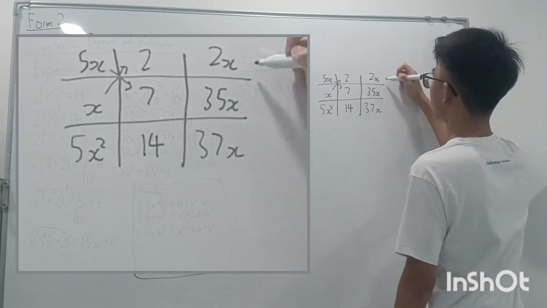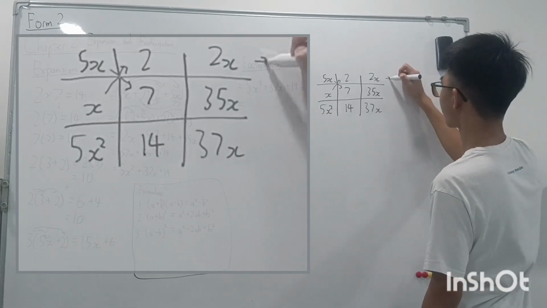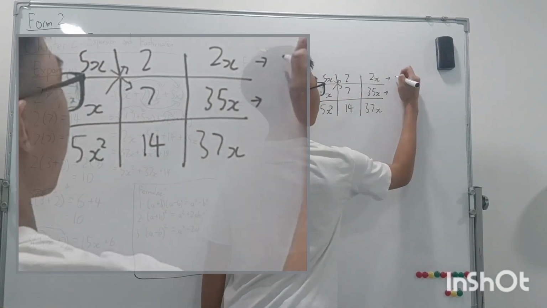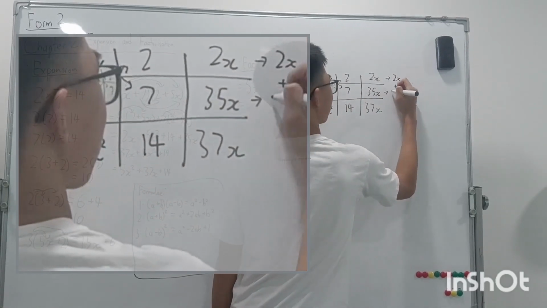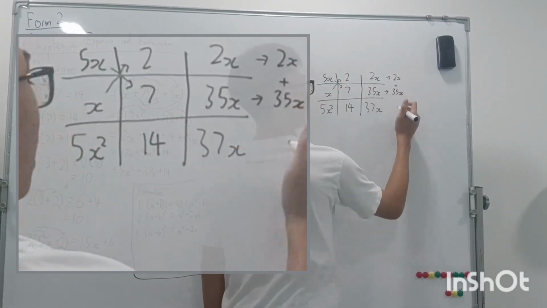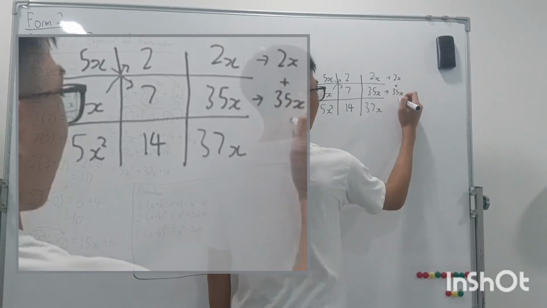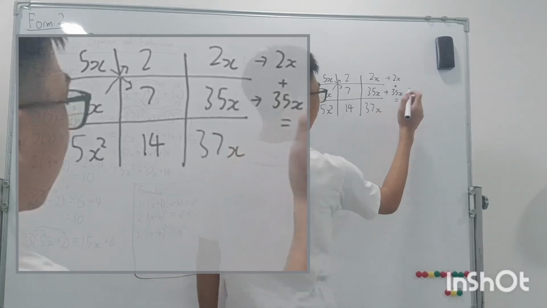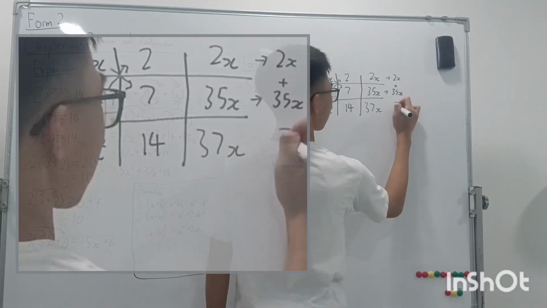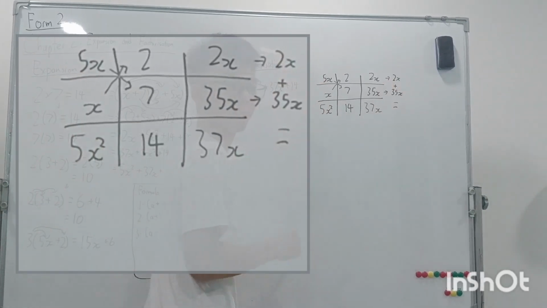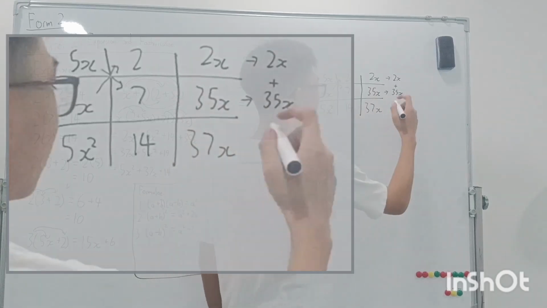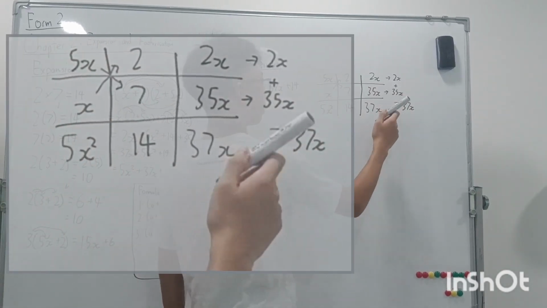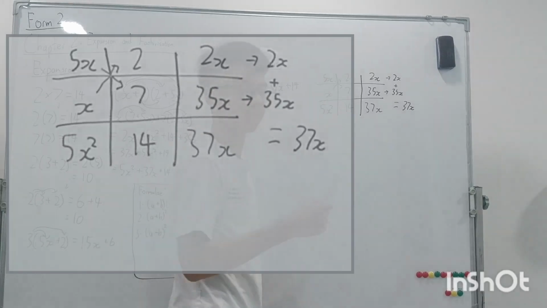And now we're going to get these two numbers and we're going to add them together. So 2x plus 35x. And we're going to see if this is going to be equivalent to this number right here. Which in this case, it is: 2x plus 35x is equivalent to 37x.